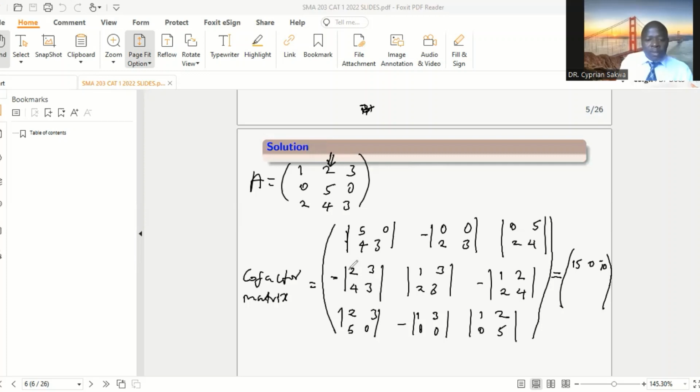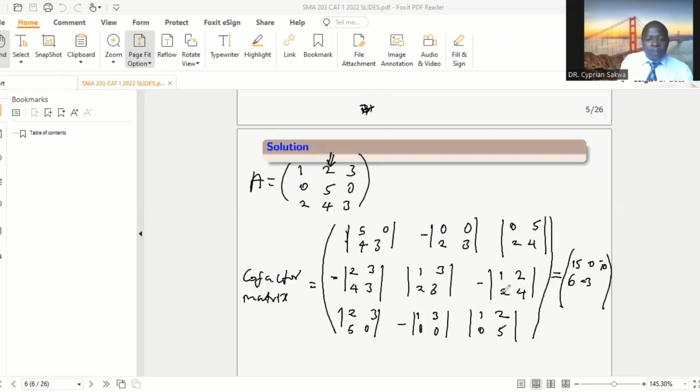Let's come to this, is 6 minus 12, which is negative 6. That negative 6 times this negative outside will be positive 6. And this is 3 minus 6, which will be negative 3. What about this?